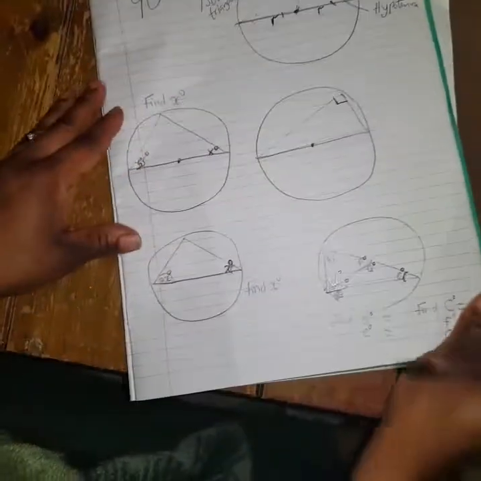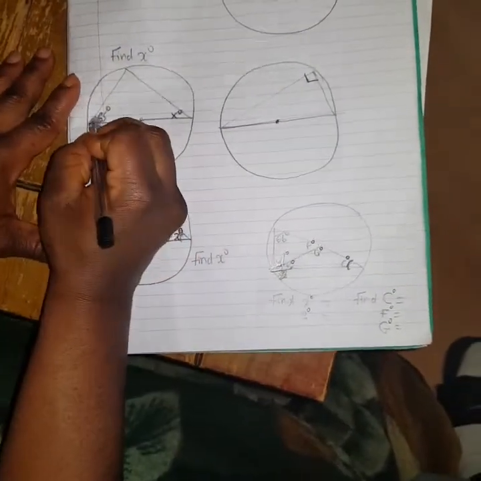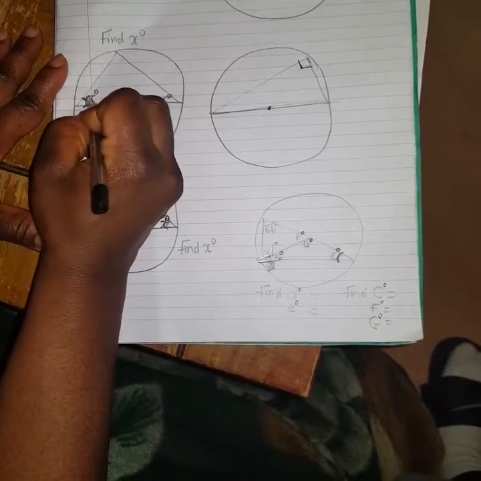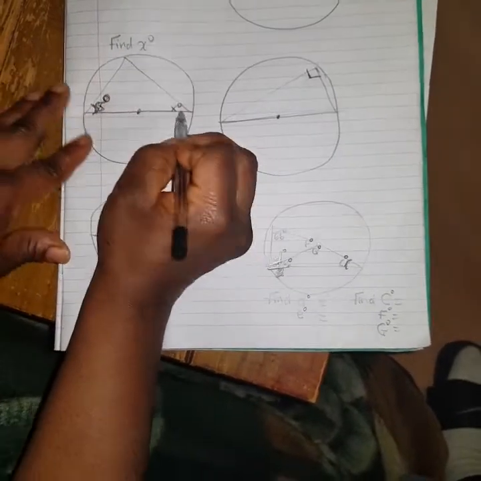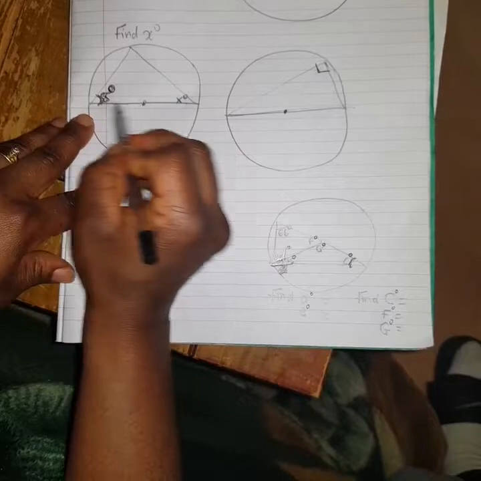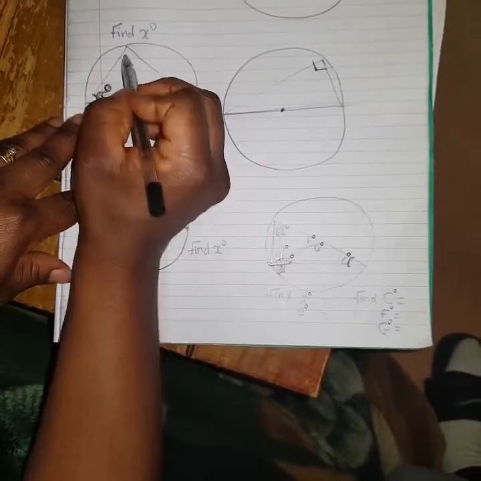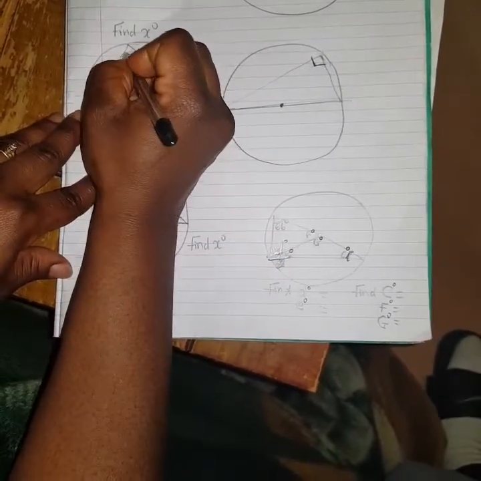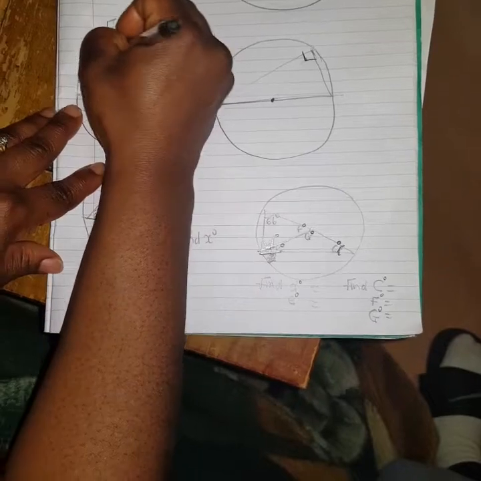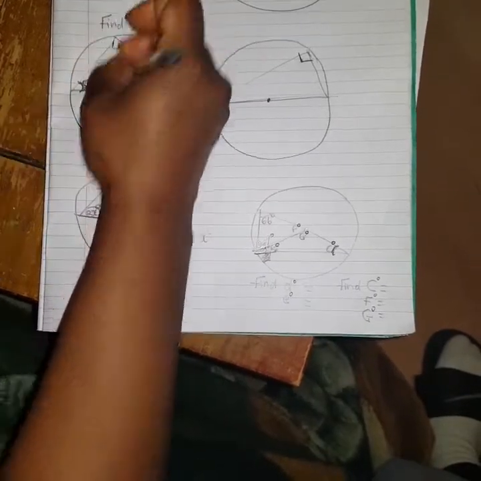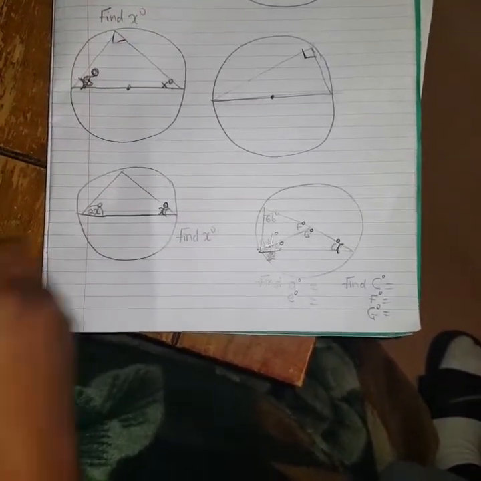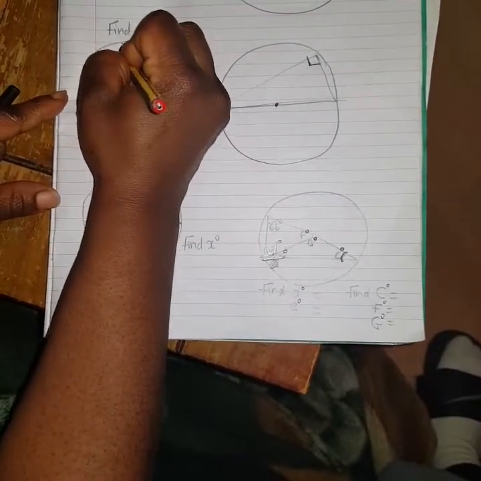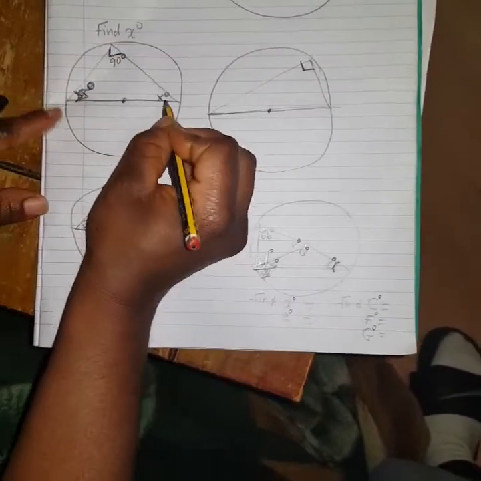So if I have something like this, where this bit here is 55 degrees, and you're asked to find x. Remember, this is your hypotenuse. The opposite angle is what? 90 degrees, remember? If the opposite angle is 90 degrees, what could this be?